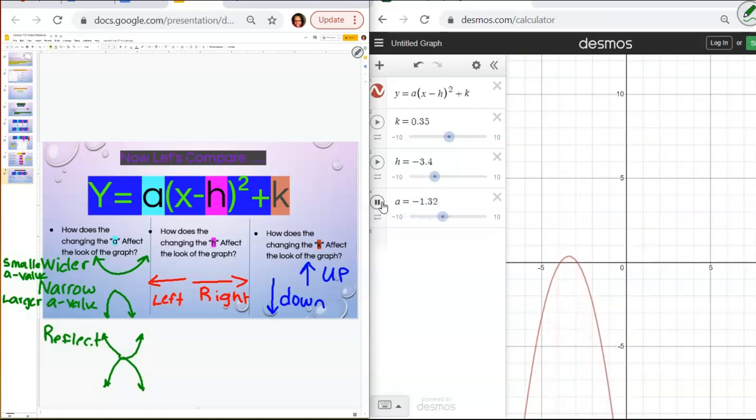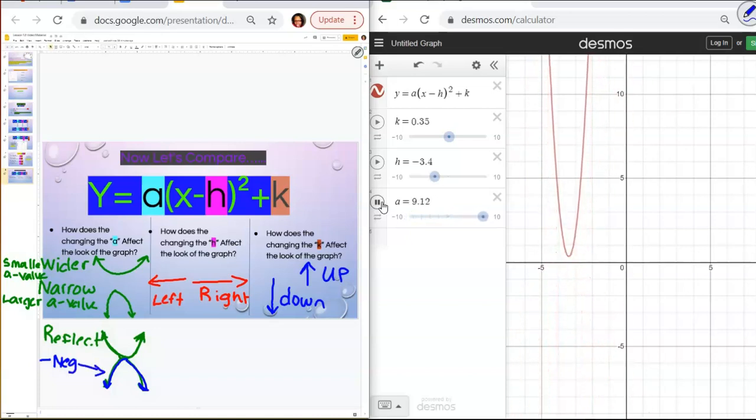What makes it reflect though? What makes it go from looking like this, where it's opened up, to where it's now open downward like this, the negative? So when A is negative, it's going to make it flip downward.